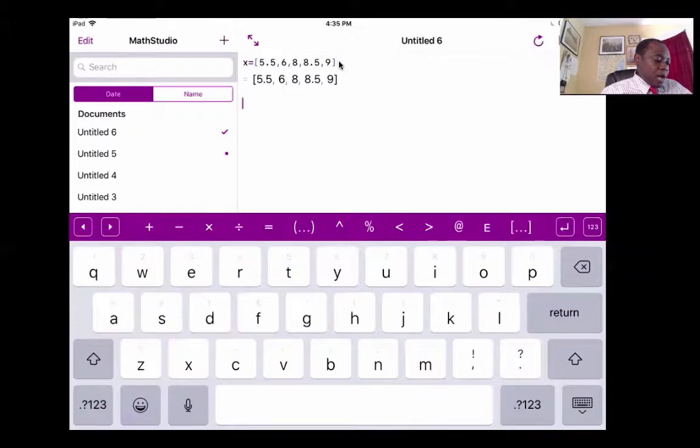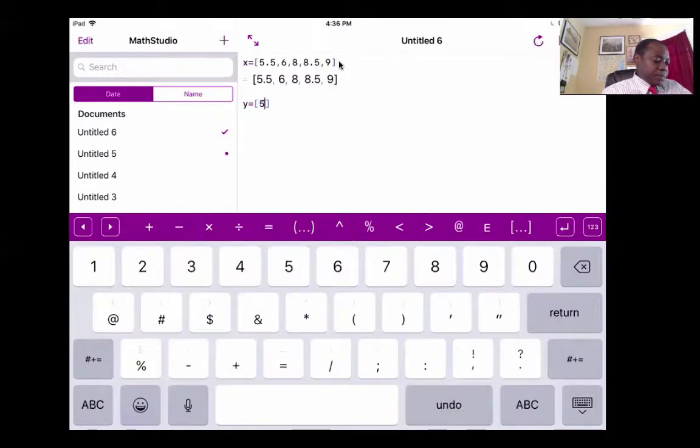Now, my list y has the values 5, 5.5, 6, 6.5, 8.5, separated with commas.